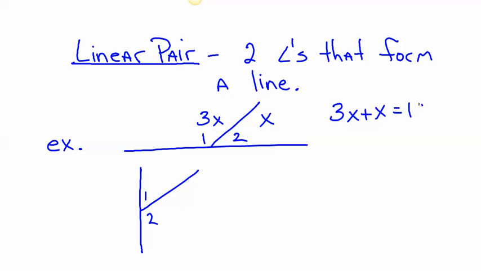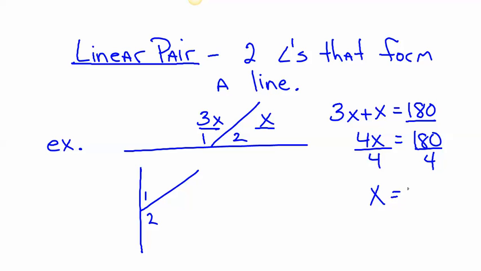Very good. 3x plus x has to equal 180 because they're a linear pair. If you combine like terms, 4x equals 180. You divide by 4, x is going to equal 45.